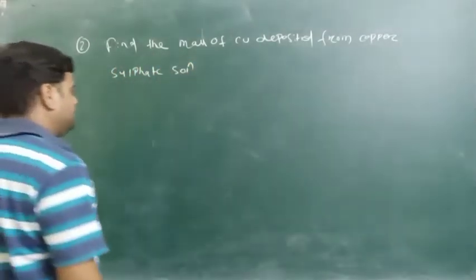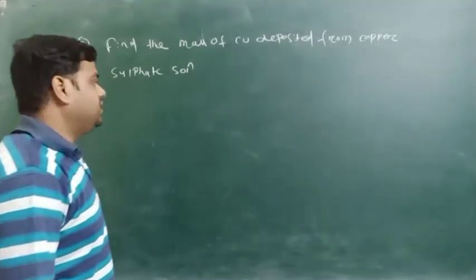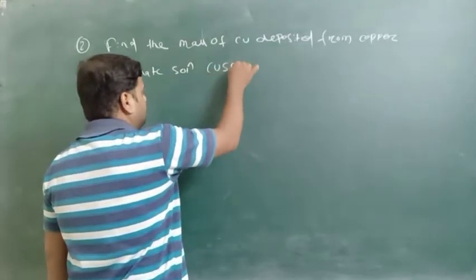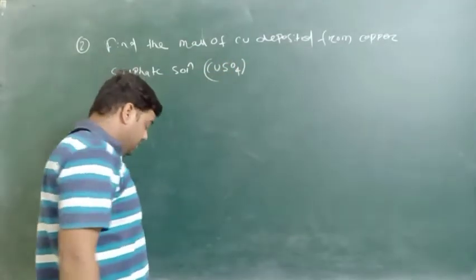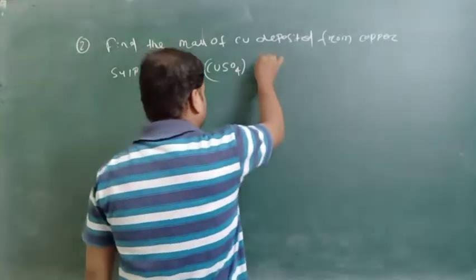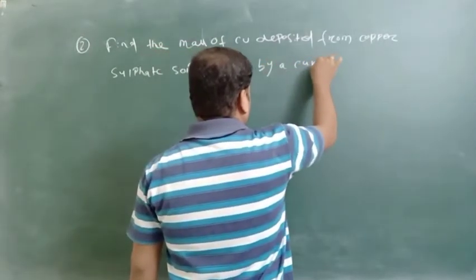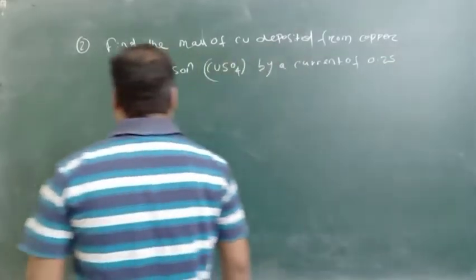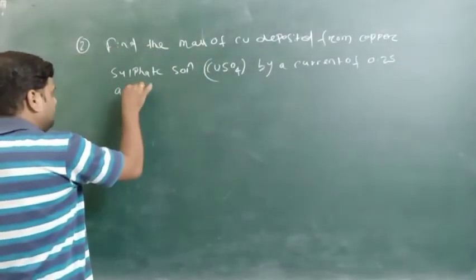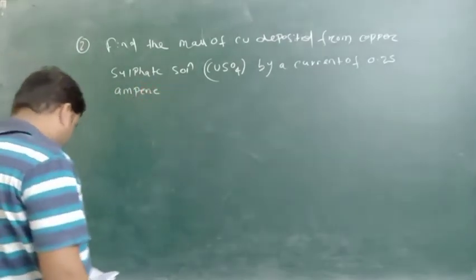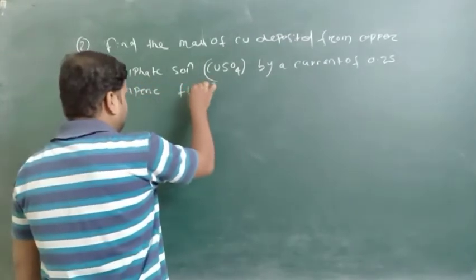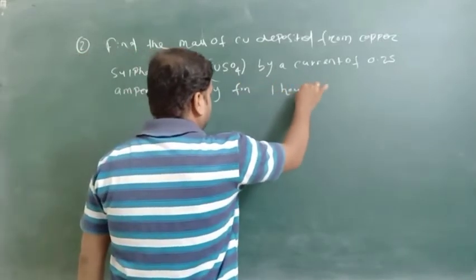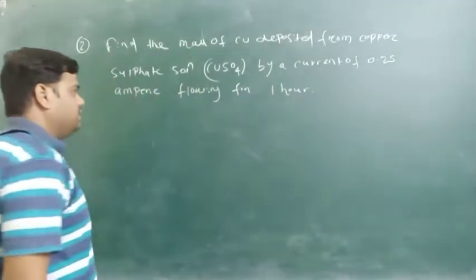From the copper sulfate solution, some amount of copper is deposited at the electrodes. We know that the formula of copper sulfate is CuSO4, by a current of 0.25 ampere flowing for 1 hour.